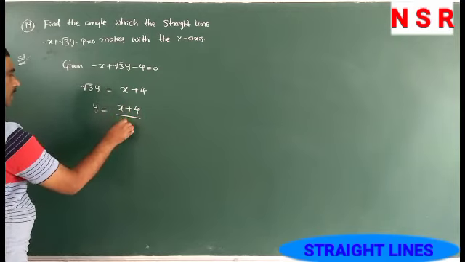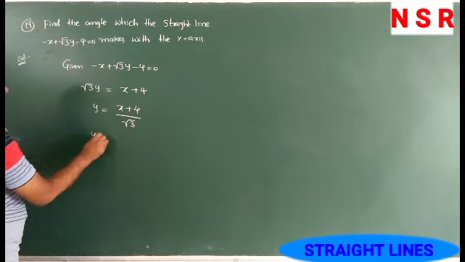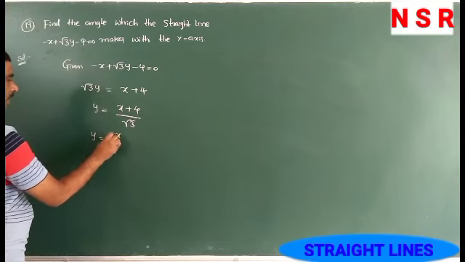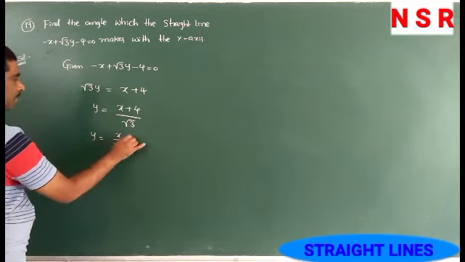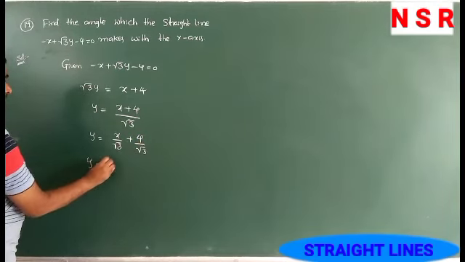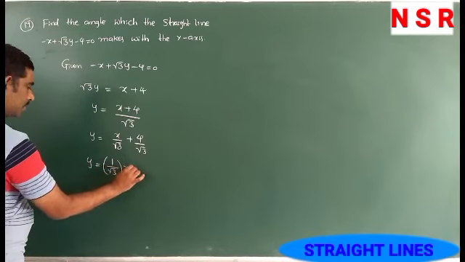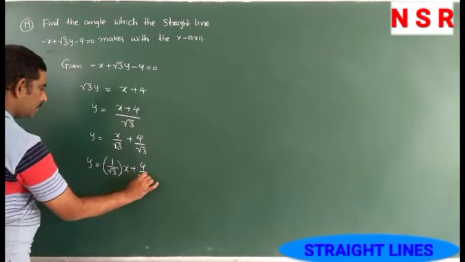We get x plus 4 by root 3. Now separate the terms: x by root 3 plus 4 by root 3. So y is equal to 1 by root 3 into x plus 4 by root 3.